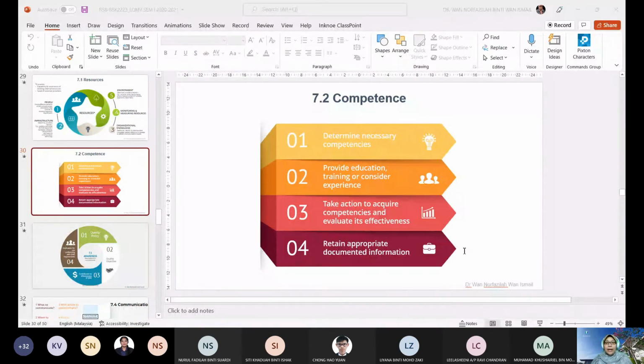How to prove that your organisation fulfills the requirement of competence 7.2? So you need to provide objective evidence or proof. So anyone can give me an example of records as a proof that you fulfill the requirements of competence, or the three things that you need to do?